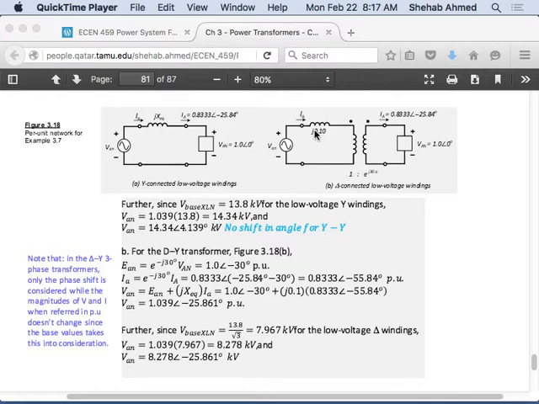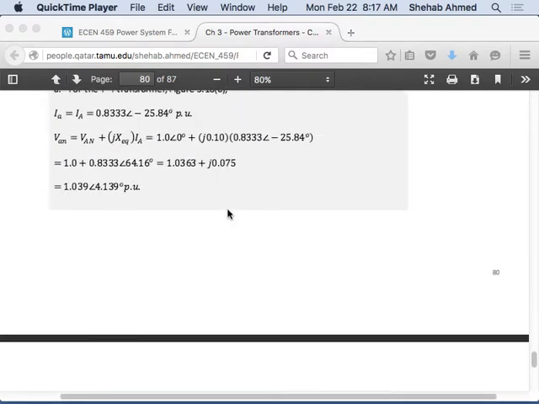Right? And so now given the impedance, given the current, given the voltage on this side, we wanted the voltage VAN. We solved for that, right? The only thing that I wanted to make sure is in per unit we solved for that right here, 1.039. That was the voltage in per unit.